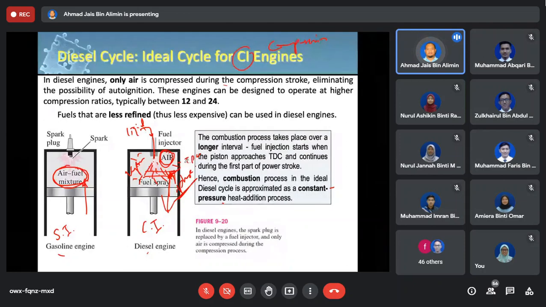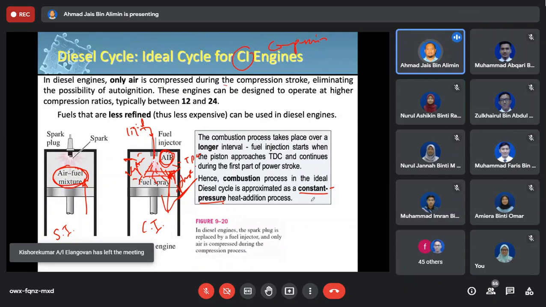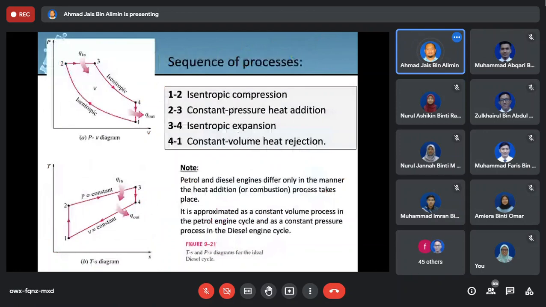Okay, and then the pressure is assumed to be constant. So the heat addition process is assumed to occur approximately as a constant pressure heat addition process. Okay. So if you look back into the PV sketch for the spark ignition engine, the difference is in process 2 to 3.